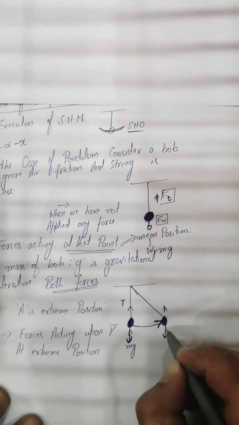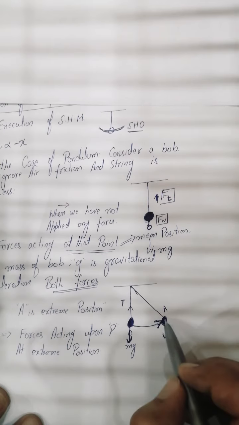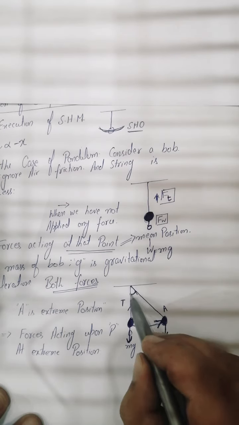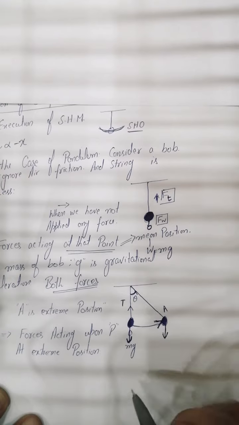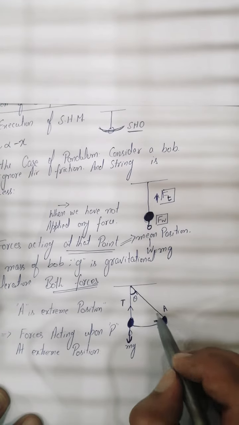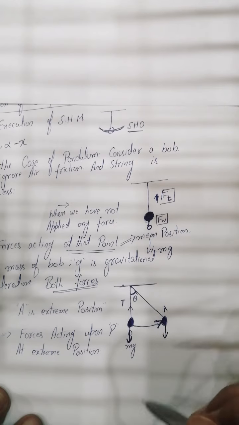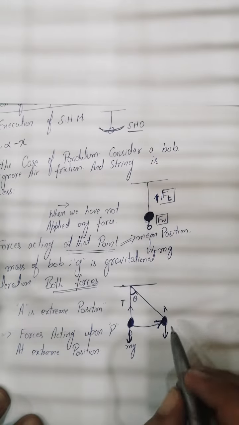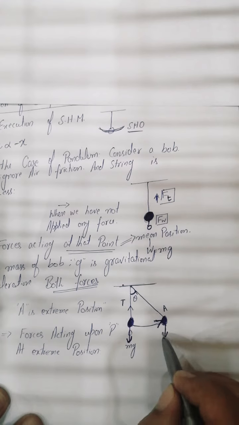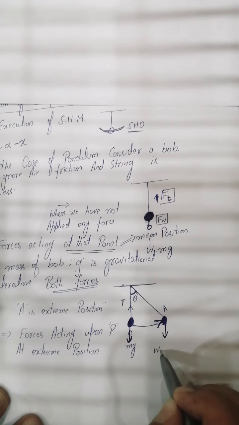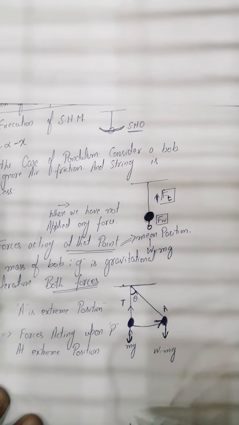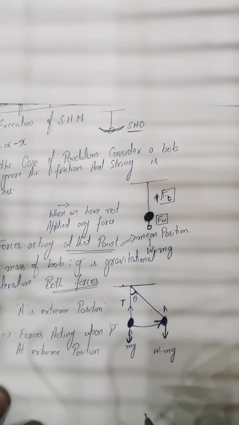Here this weight is not straight. Here there is a small angle which is being made by the string at the connecting point. So here we cannot write the weight only as mg. What do we have to do?